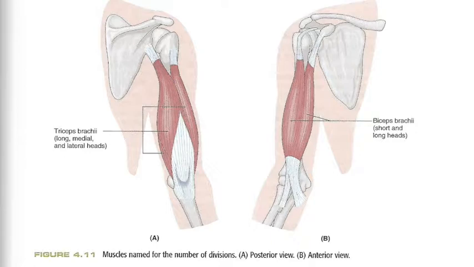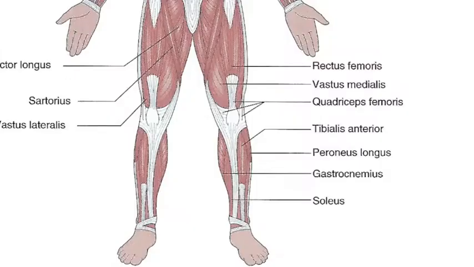The triceps brachii, also known as the triceps muscle, is formed from three divisions, tri meaning three and ceps meaning head. This is the muscle of the posterior upper arm that extends the elbow. The quadriceps femoris is formed from four muscle divisions, quadra meaning four and ceps meaning head. This large muscle, which is located on the anterior thigh, assists in extending the femur, which is the bone of the upper leg.